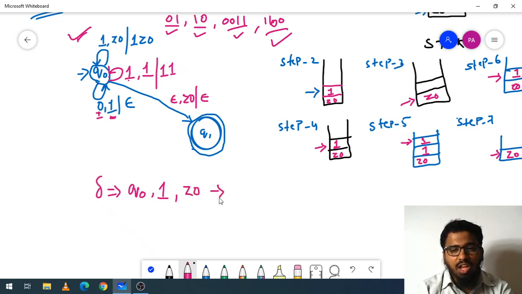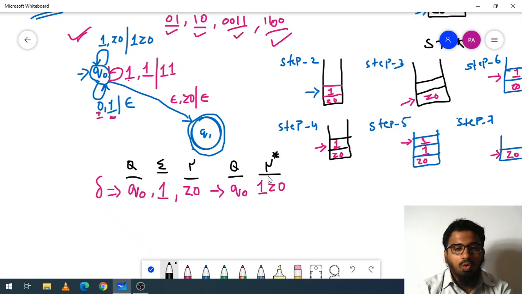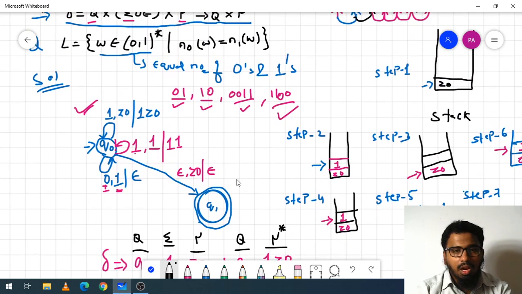And what answer are we getting for this? We are getting Q cross 1 Z0, that is, 1 Z0. What is this? This is Q. This is sigma. This is tau. This is Q again, and this is delta, tau closure.